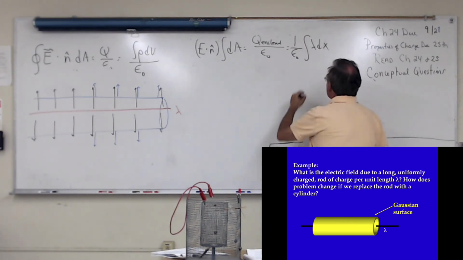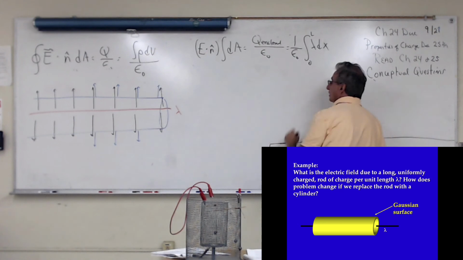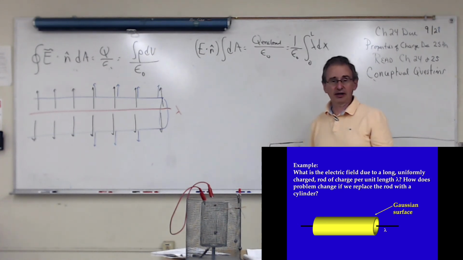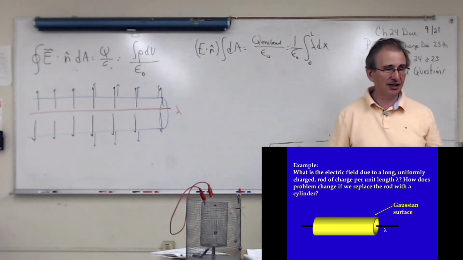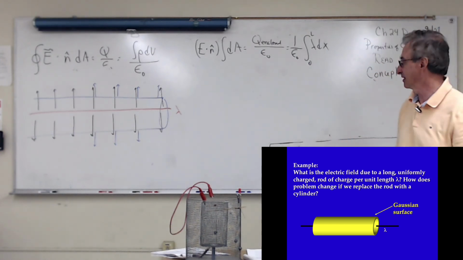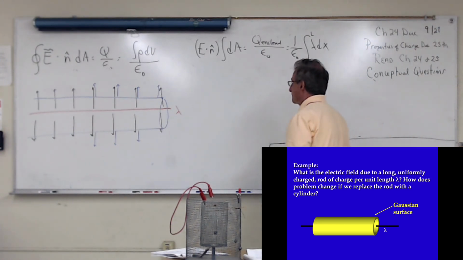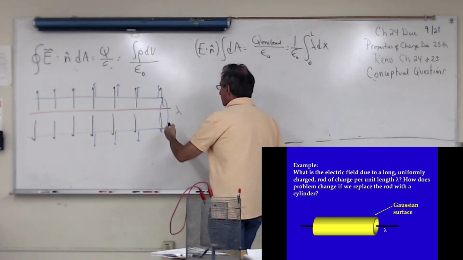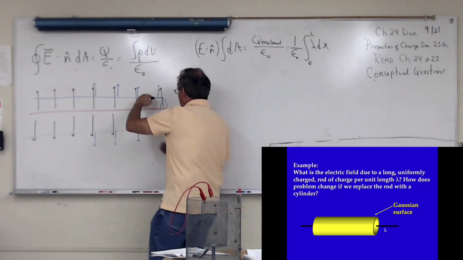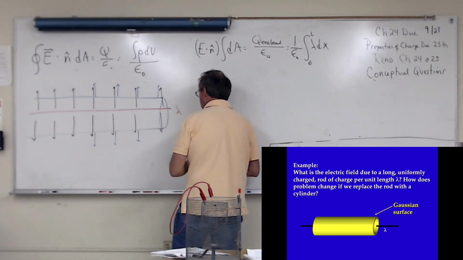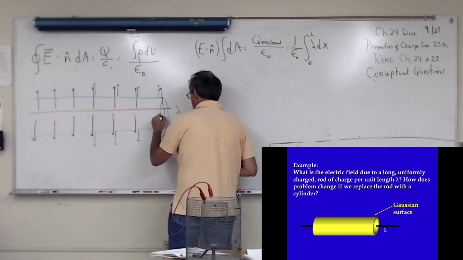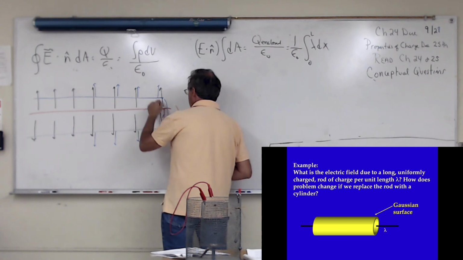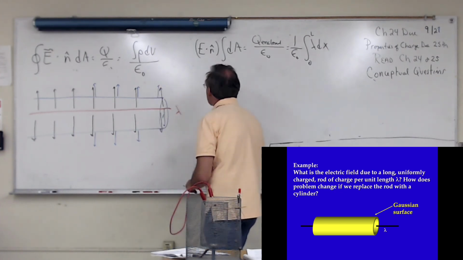I got to integrate from 0 to L. You may say, well, L is infinite. Yeah, don't worry about that. I know L is infinite, but something nice will happen. Okay, you'll see. E dot n is just going to be E because no matter how big this thing is, the dot product will still be the same.